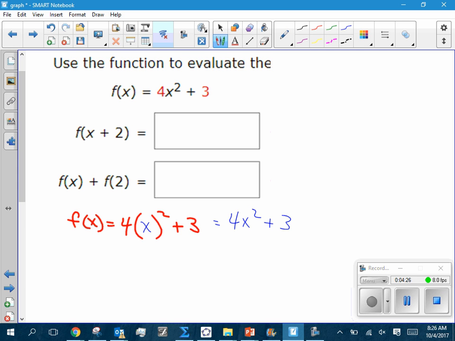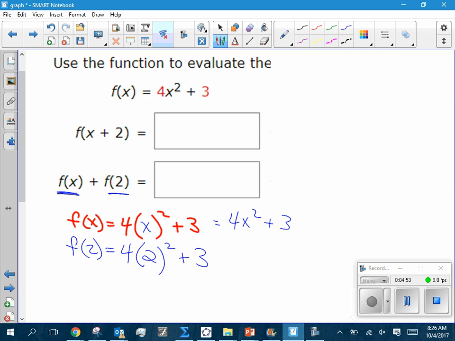Okay. The next part says find f of 2. Okay, so we found f of x already. Now we're going to find f of 2. So now 4, whatever my input value is squared, so in this case 2. Okay. And now I'm going to evaluate that. Well, 2 squared is 4 times 4 is 16 plus 3 is 19.